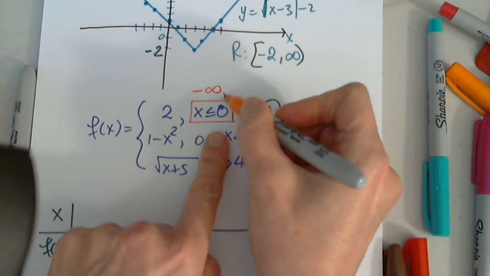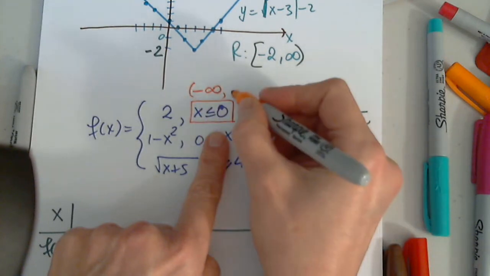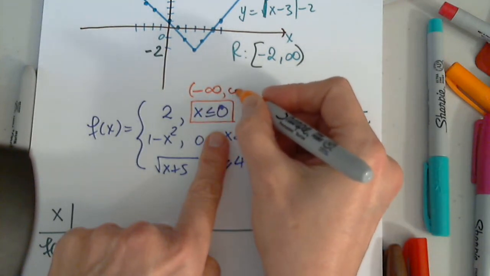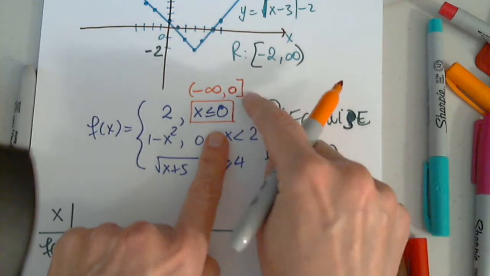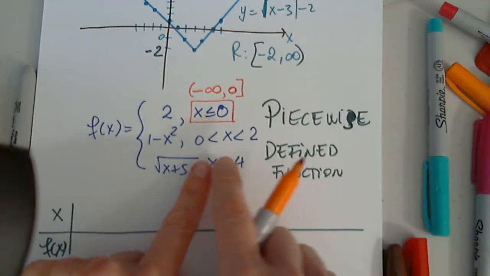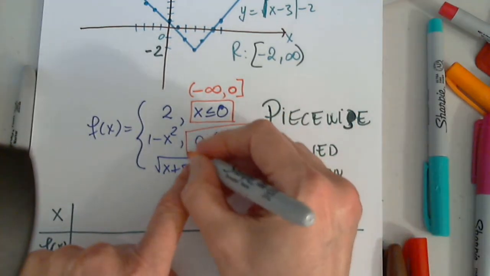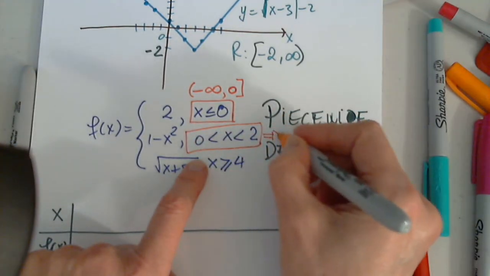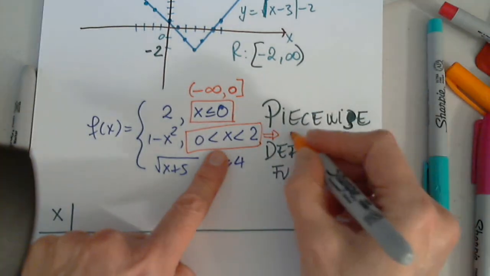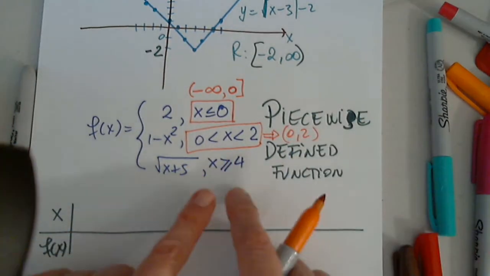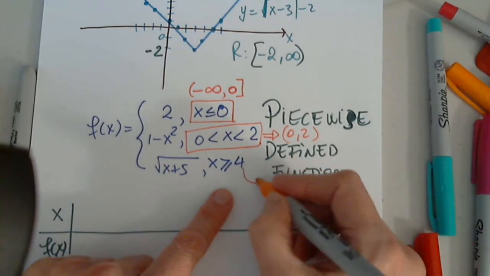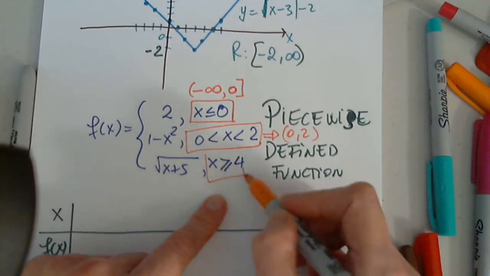Negative infinity, comma, 0, correct. Can anyone give us the interval for this? Zero, comma 2. Excellent. Both in parentheses. Perfect, awesome. Can anyone give us the interval for this?